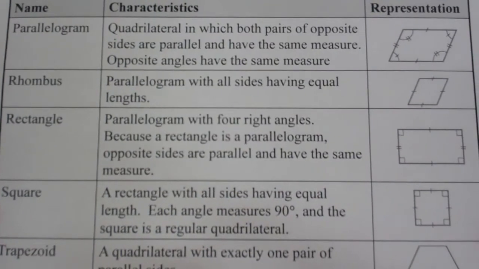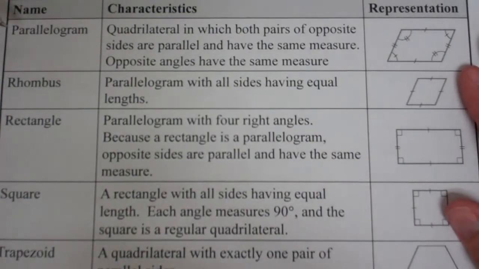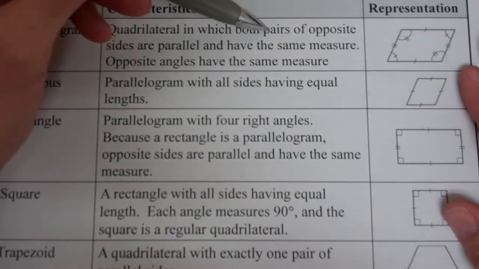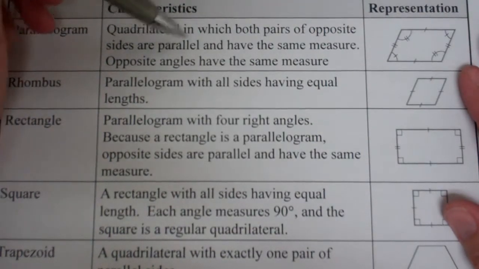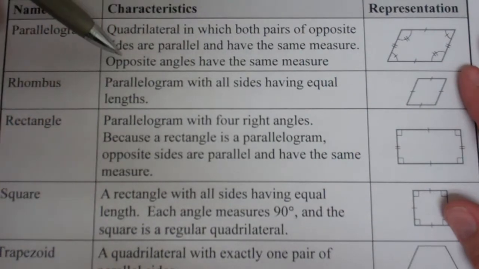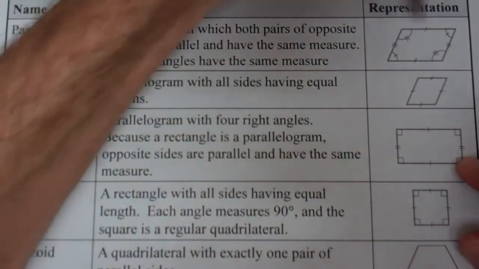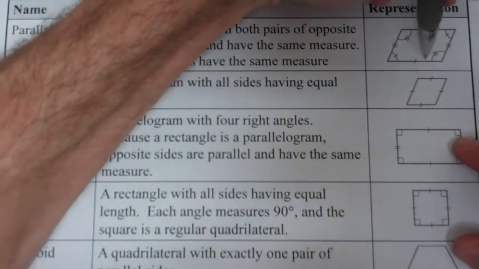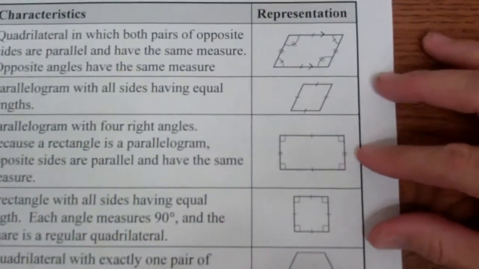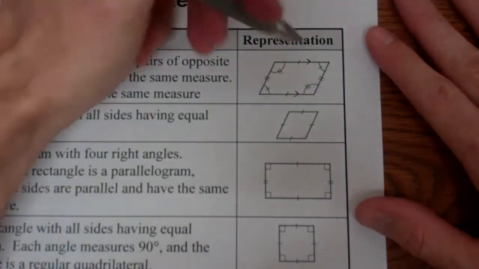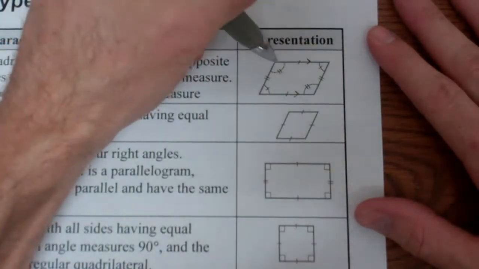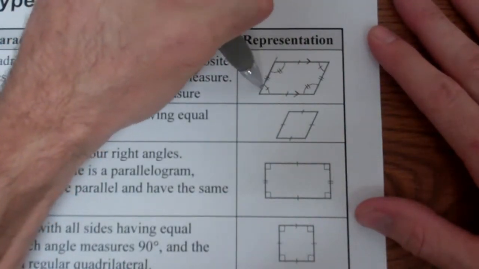Alright, I hope I'm not making anybody sick. So the parallelogram is a quadrilateral in which both pairs of opposite sides are parallel and have the same measure, and opposite angles have the same measure. Okay, so because these sides are parallel, let me scoot this over so it's a little bit more in the center. Because these sides are parallel, this is literally a transversal.